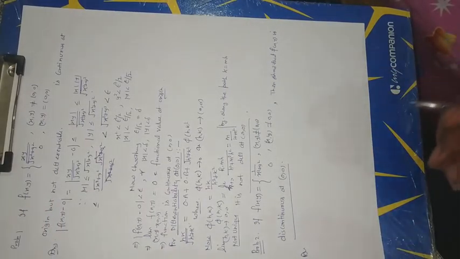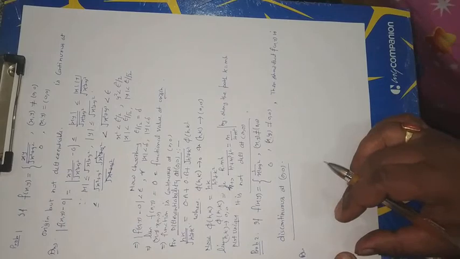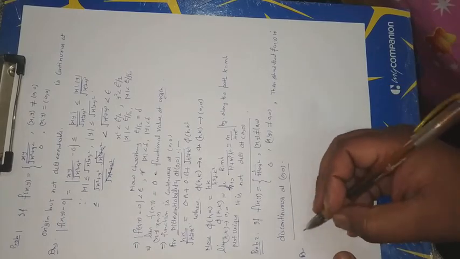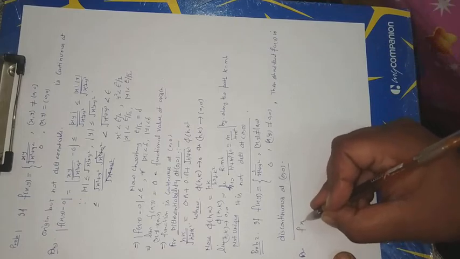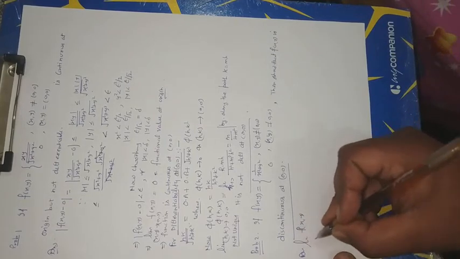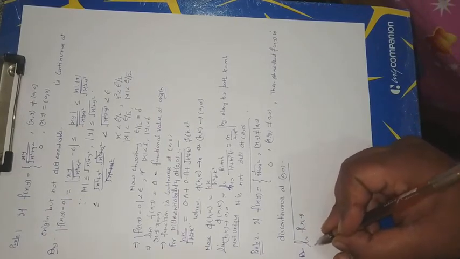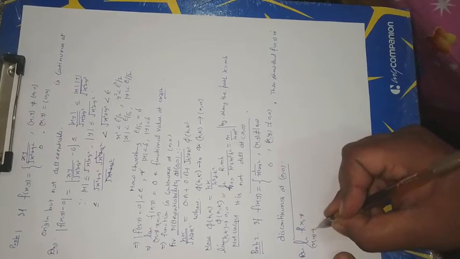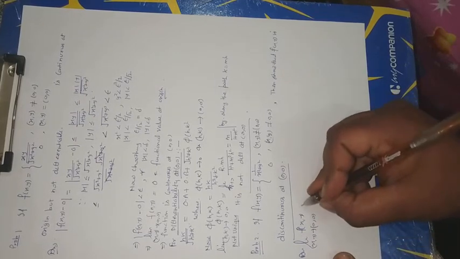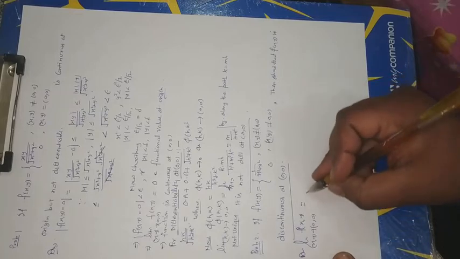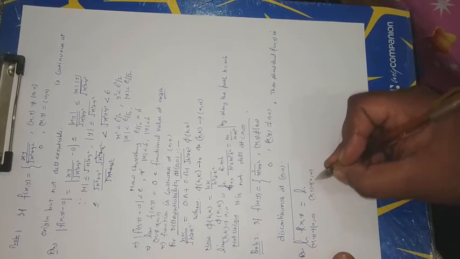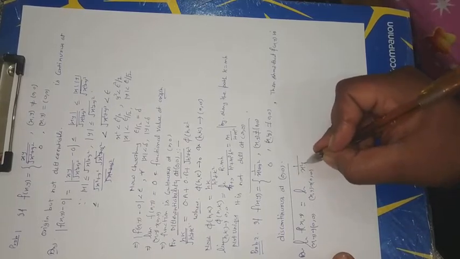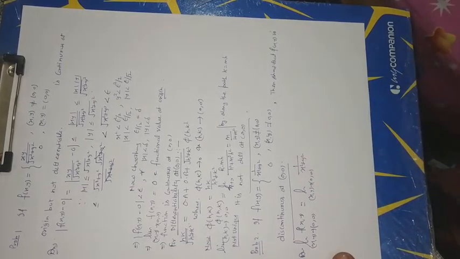Now the solution is, we can calculate the simultaneous limit of function f(x,y), limit (x,y) tending to (0,0), equal to limit (x,y) tending to (0,0) of 1 upon x square plus y square.